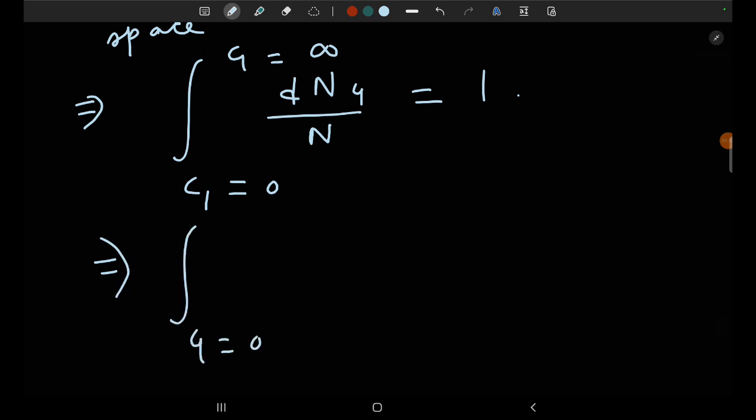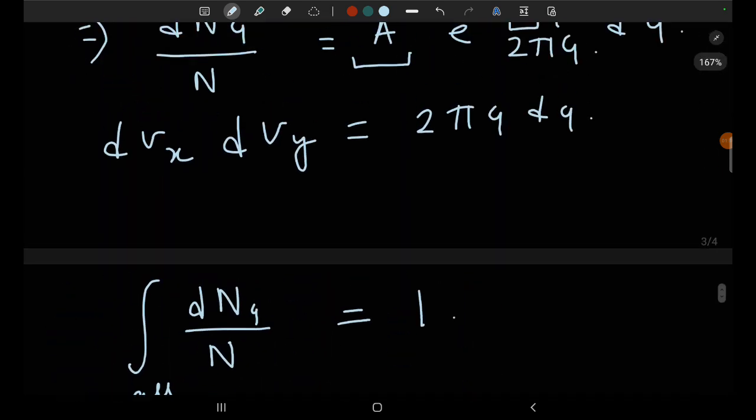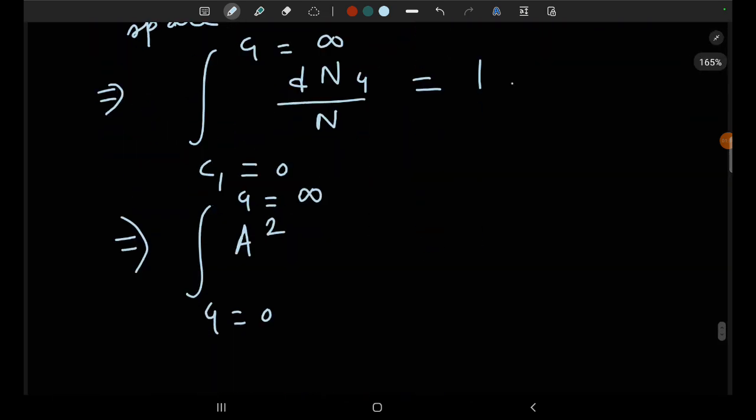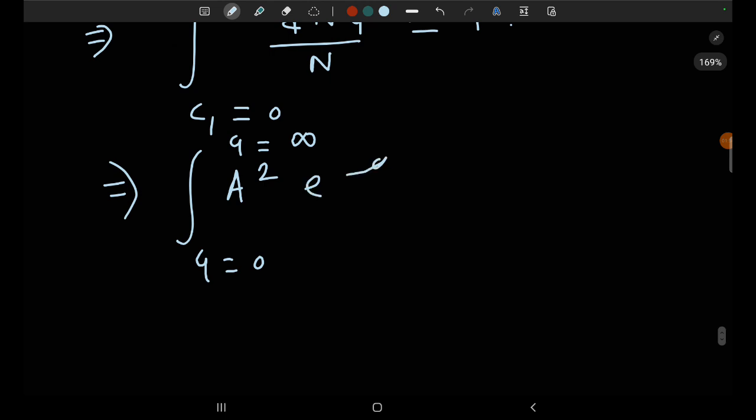We put back our functions: a squared e to the power minus alpha c1 squared, and we have 2 pi c1 dc1, and this should equal 1.